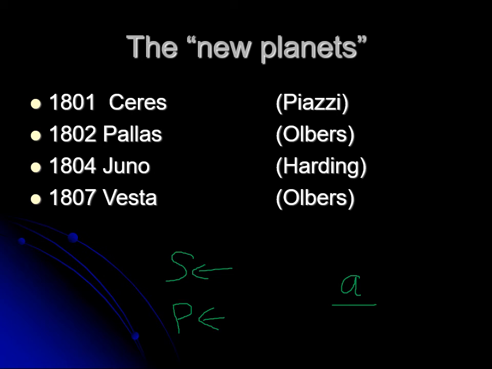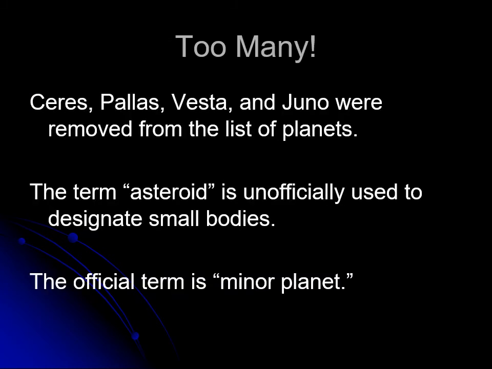The layman's term for what they became is asteroid. Professional astronomers never really got around to naming what these things were, but asteroid, meaning small star, became the layman's term. There were too many of them. They were dropped off the list because they started finding more and more of them.